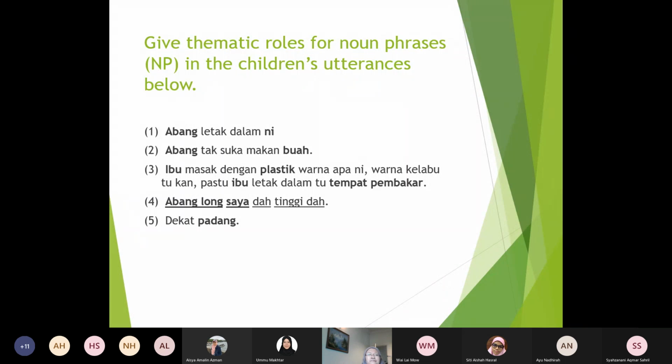Plastik is like a bekas, container tu kan. Can it be an object? Ada tak sesiapa yang rasa dia mungkin objek? Tapi doktor, dia guna perkataan dengan. Ibu masak guna plastik warna apa ni?